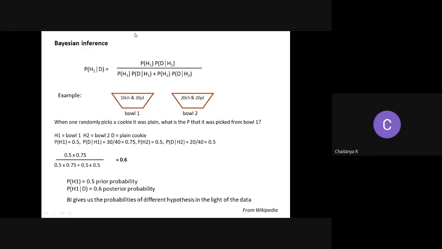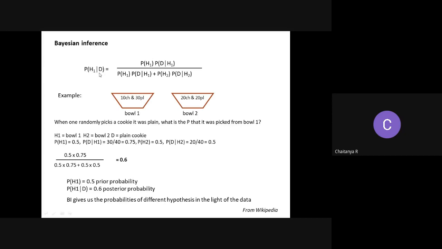Okay, so let's just quickly look at this equation. Here the left hand side is basically the probability of the hypothesis given the data, correct? And that's nothing but your posterior probability. We just saw that in the previous slide.